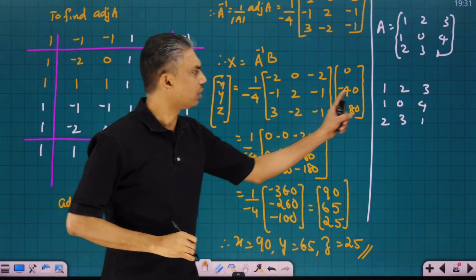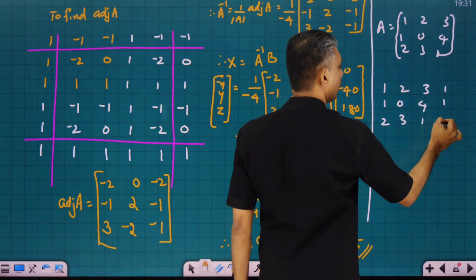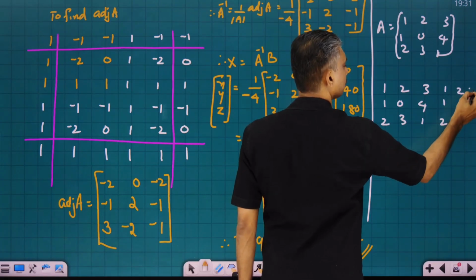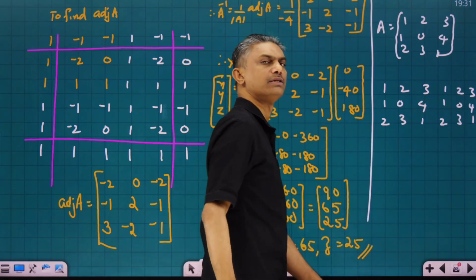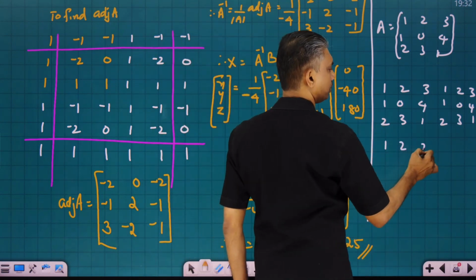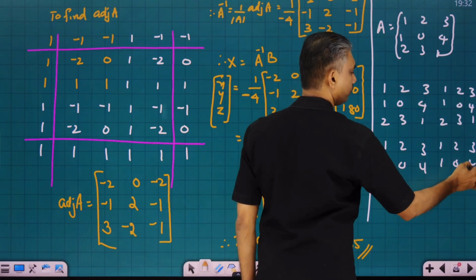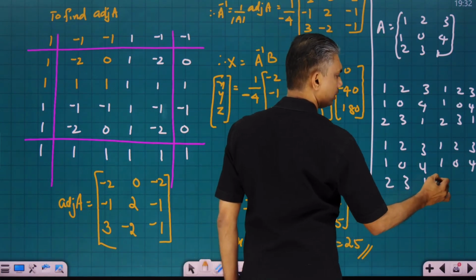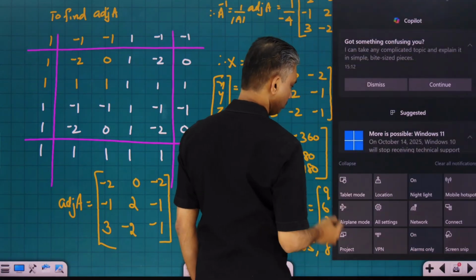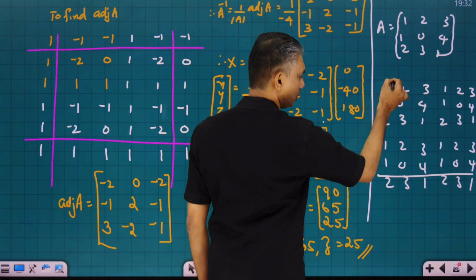These three columns you write and then repeat the same thing: 1 1 2, 2 0 3, 3 4 1. Then repeat the rows: 1 2 3, 1 2 3, 1 0 4, 1 0 4, 2 3 1, 2 3 1. Now you cancel out this row.